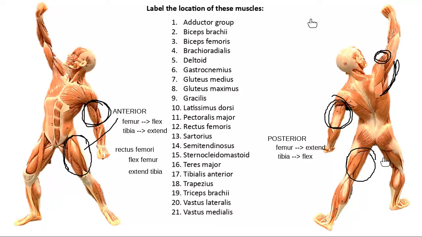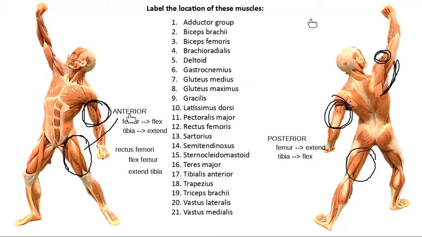So rather than memorizing the specific functions of muscles, number one, focus on memorizing their locations. If you know where everybody lives, you're in good shape. Number two, focus on those rules that we talked about. So anterior versus posterior, lateral versus medial.